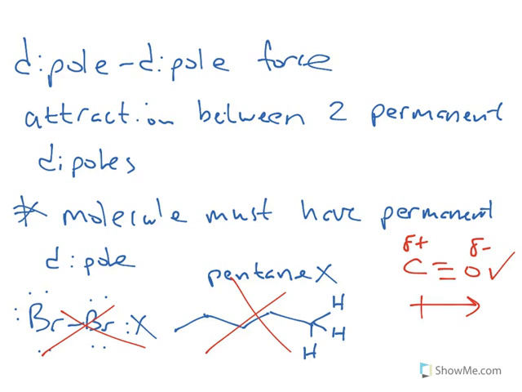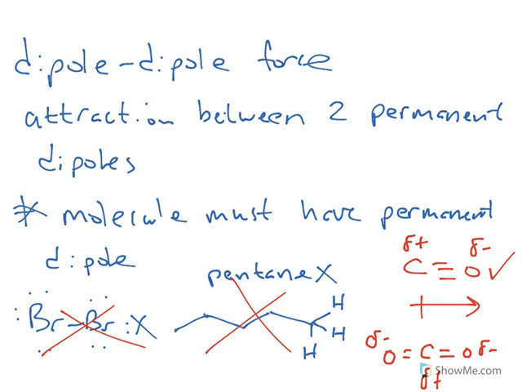How about carbon dioxide? Well, carbon is less electronegative, so I'm expecting to see this. But there's a catch here. This is a linear molecule, so the oxygen on the left is pulling with the same strength as the oxygen on the right, and they're 180 degrees apart.